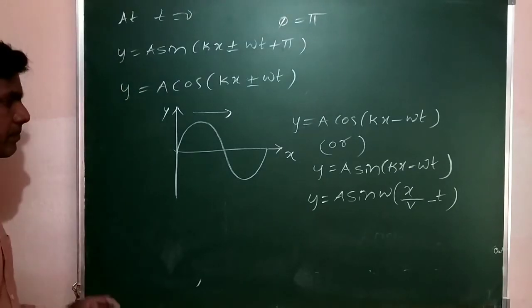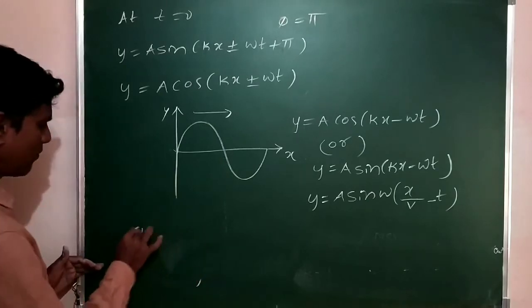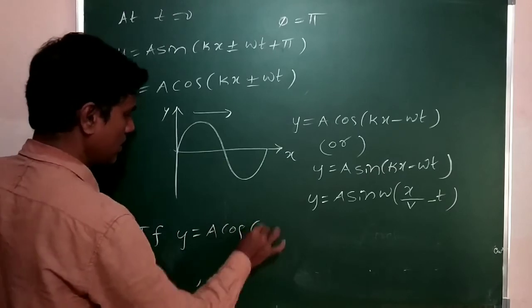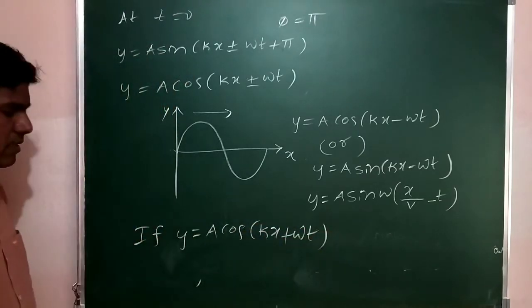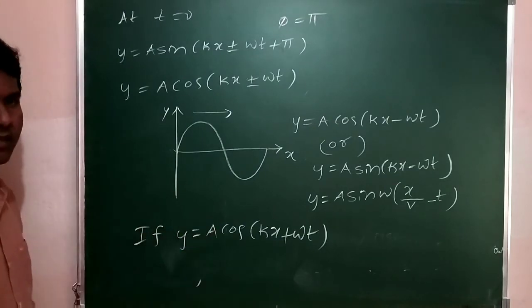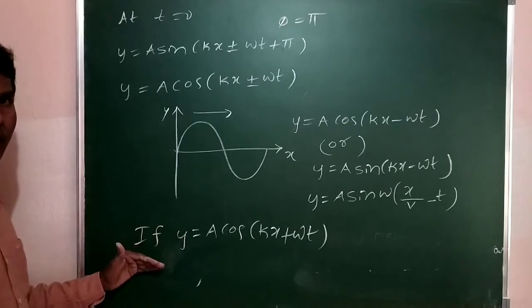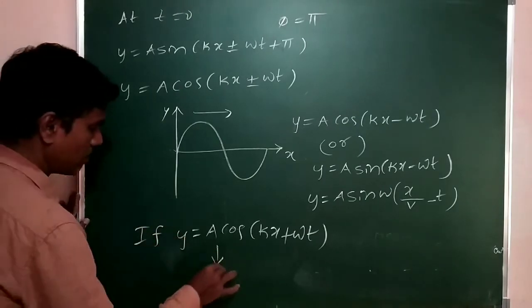Next, suppose y equal to a cos kx plus omega t. This equation represents the wave traveling along the negative x direction.